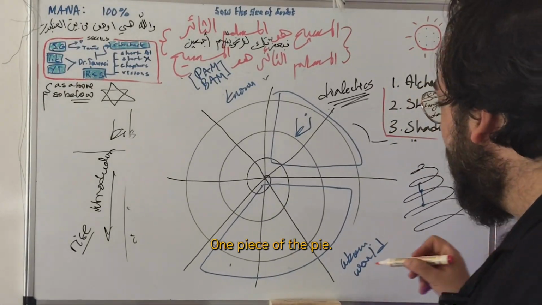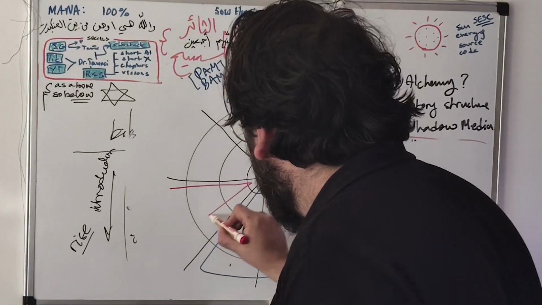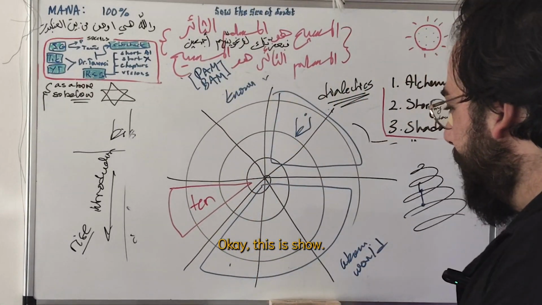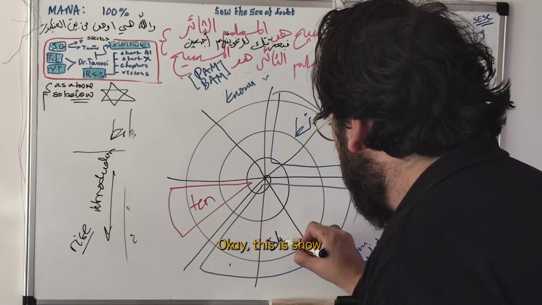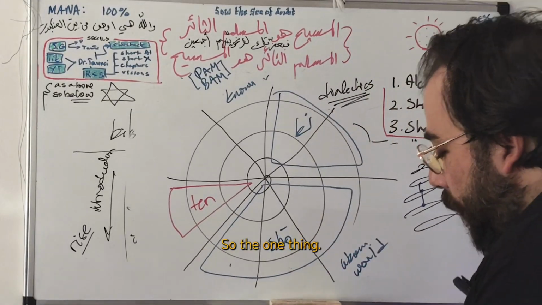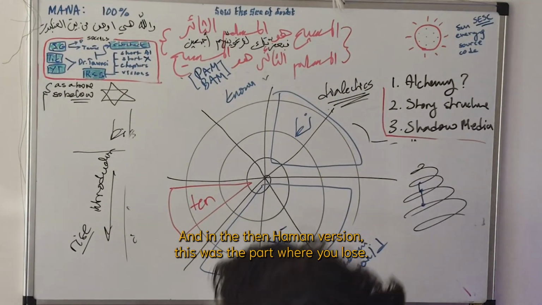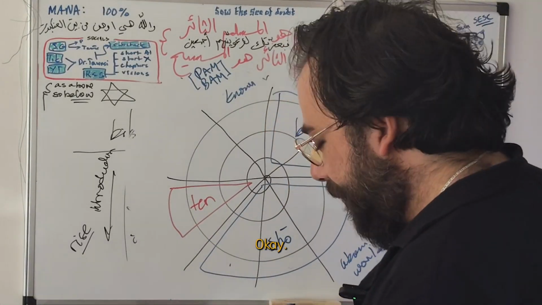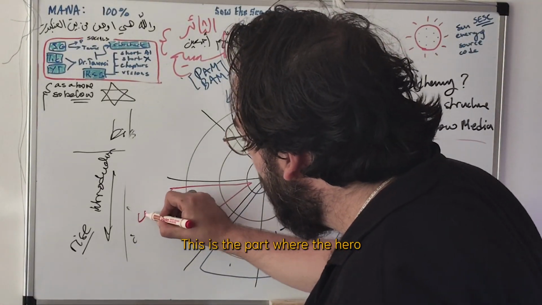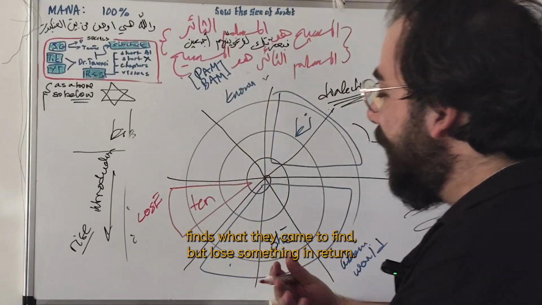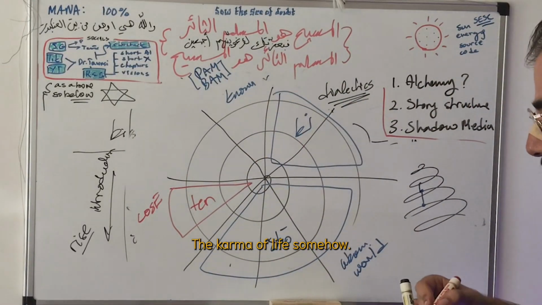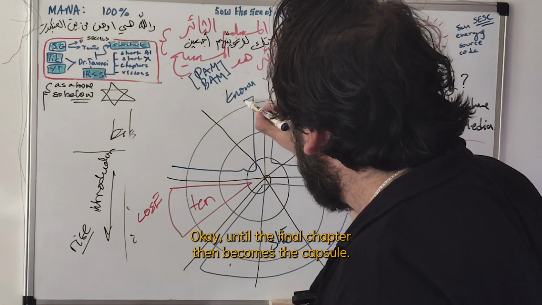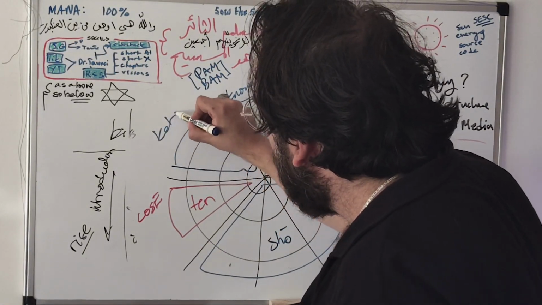One piece of the pie stands out, and it is the Ten, the twist. This is the show. In the Dan Harmon version, this was the part where you lose. This is the part where the hero finds what they came to find, but loses something in return. The karma of life somehow. Until the final chapter then becomes the Ketsu.